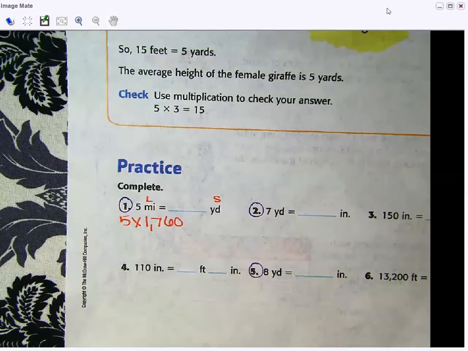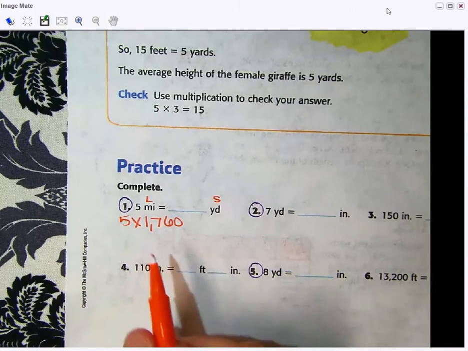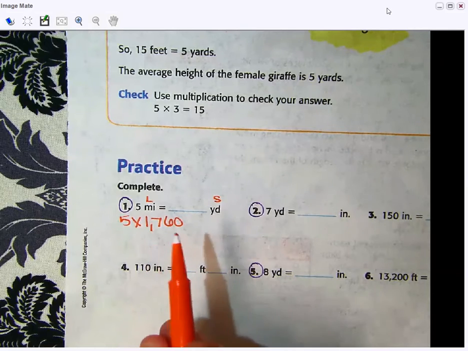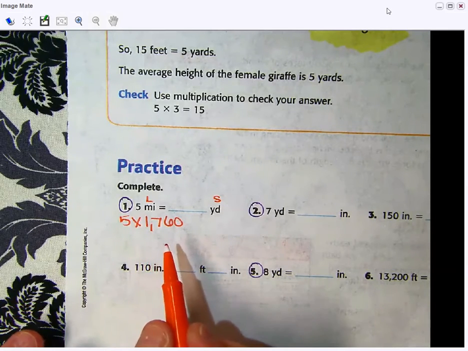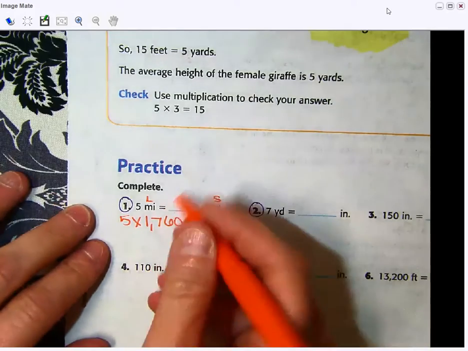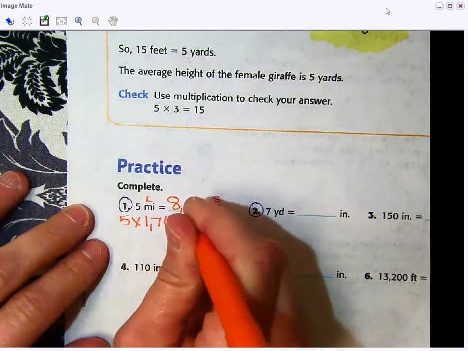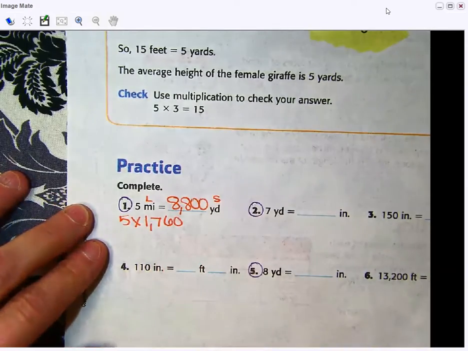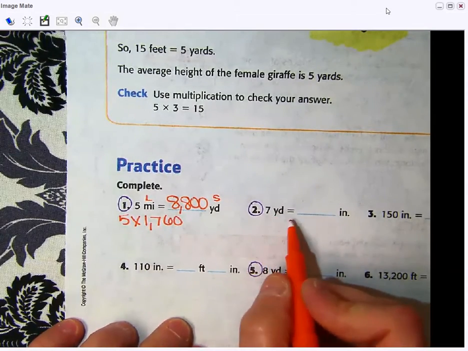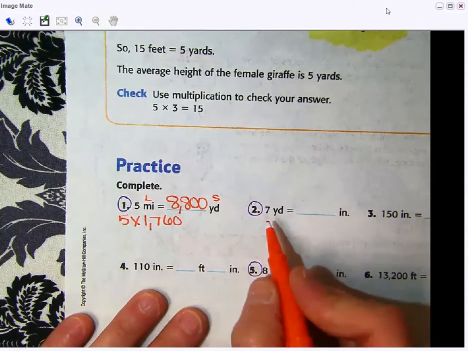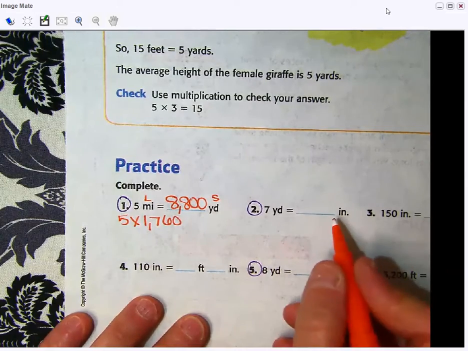Make sure you pause the video so that you can do your calculations to make sure that you have the correct measurement. So when we multiply 5 times 1,760, we have 8,800 yards.